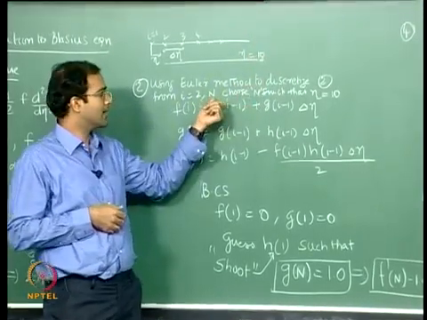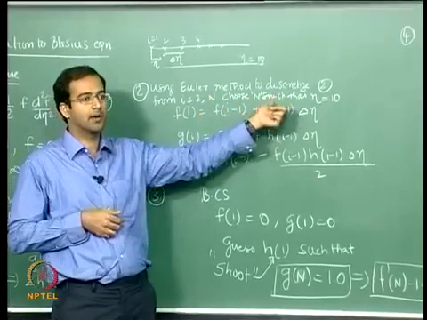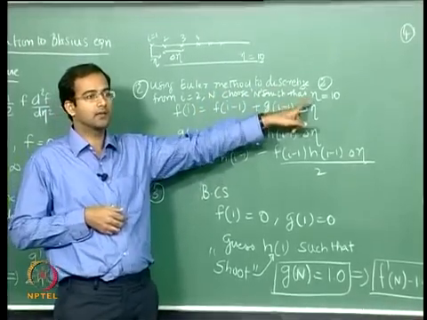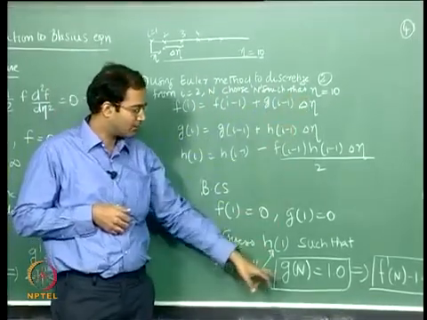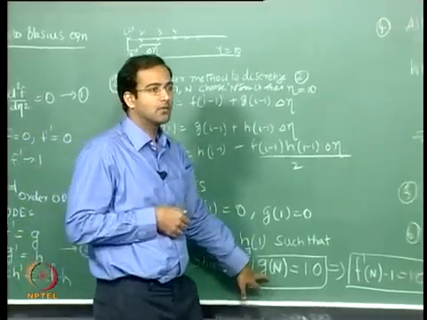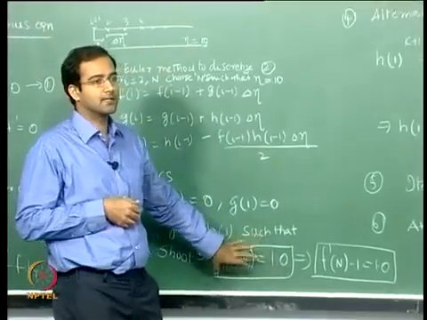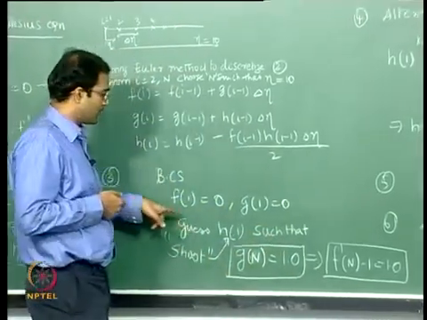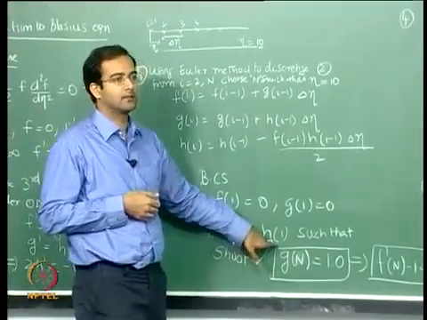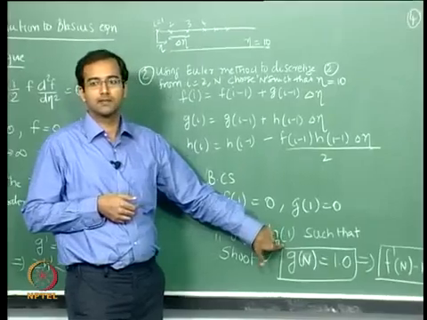You have to choose n number of points such that the nth point corresponds to eta equal to 10. At the nth point the value of g should be equal to 1.